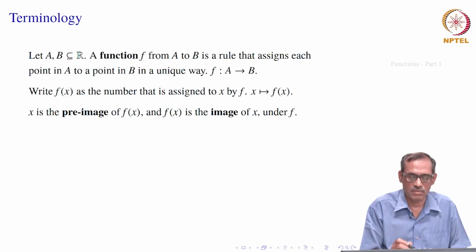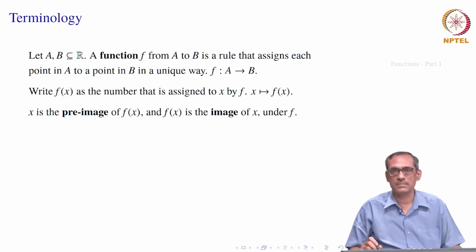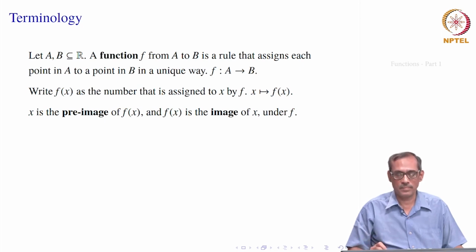Though f is the function, we will sometimes also write f of x as the function. Like suppose we give f of x equal to x square, which means 1 is taken to 1 and 2 is taken to 4 and so on. So, we will write just x square is a function, which really means f is a function where f of x is equal to x square.